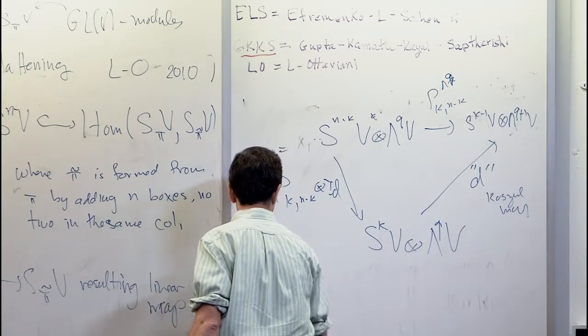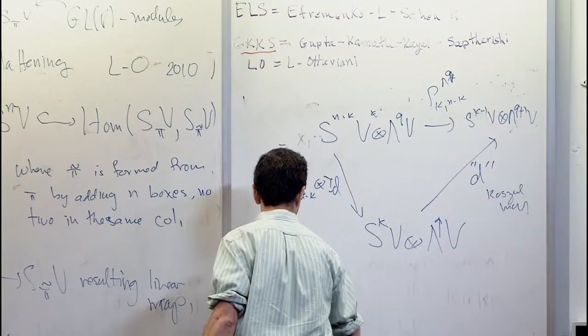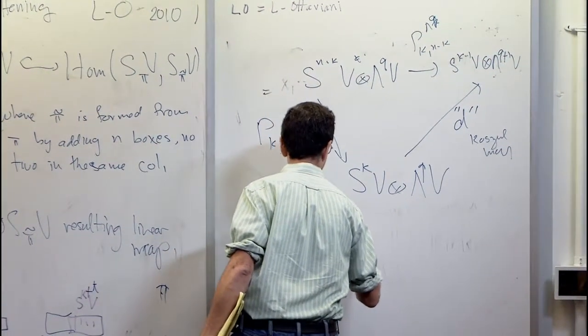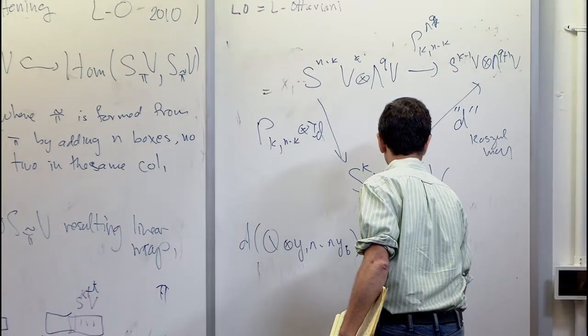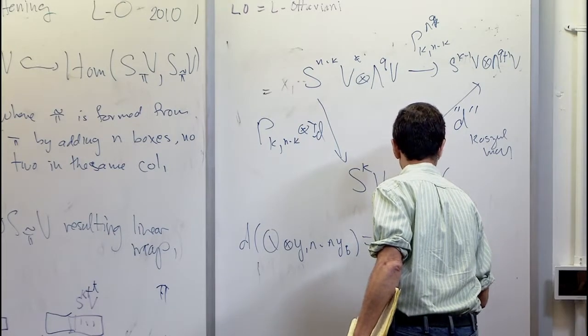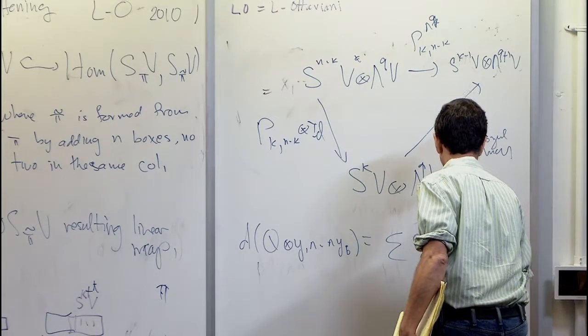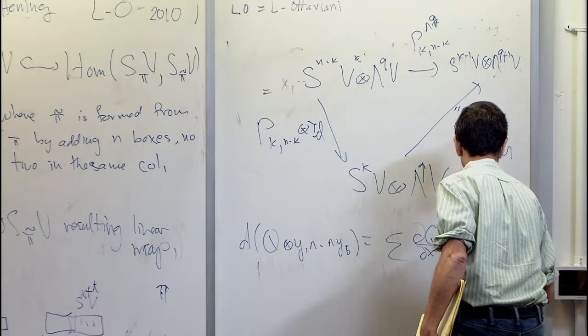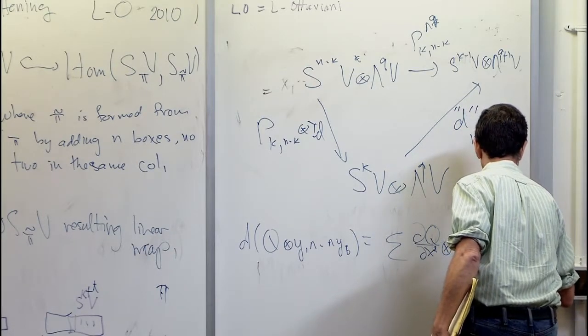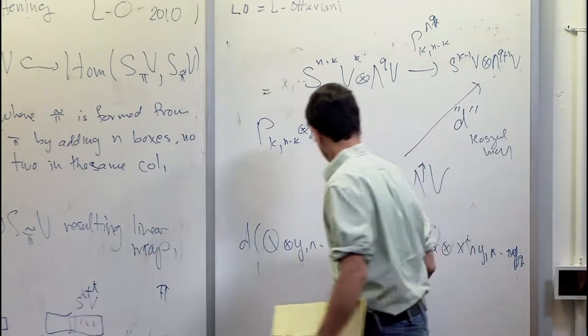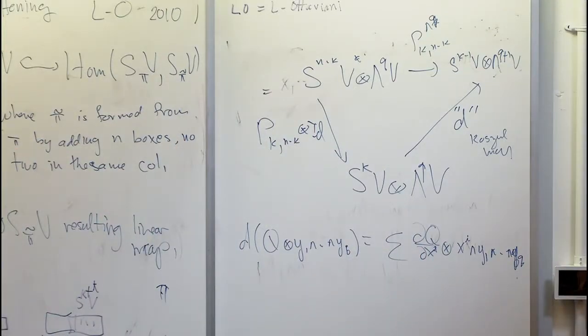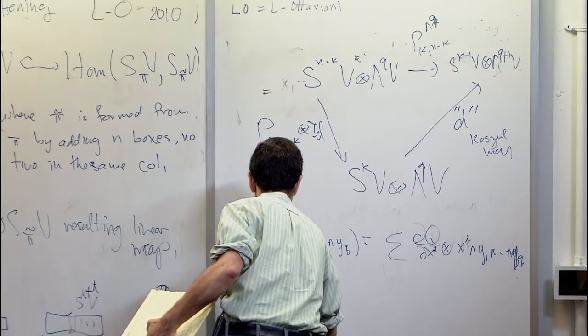Where d of some polynomial q tensor y1 wedge ... wedge yq is just the summation over the partial derivatives. I'm going to be a little sloppy now. ... yq.